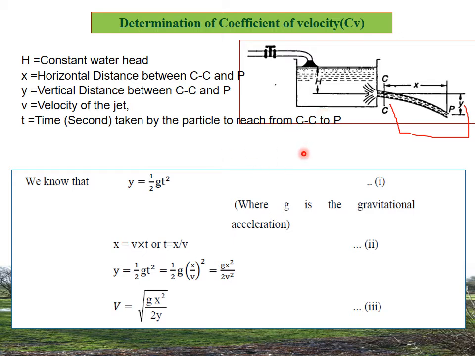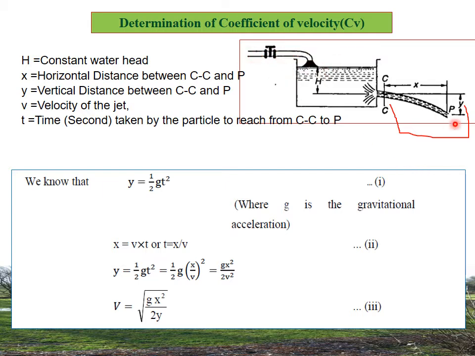Like this the flow will be there. The horizontal distance from the orifice to the point, I will take as x. This is the section CC, where the vena contracta occurs.